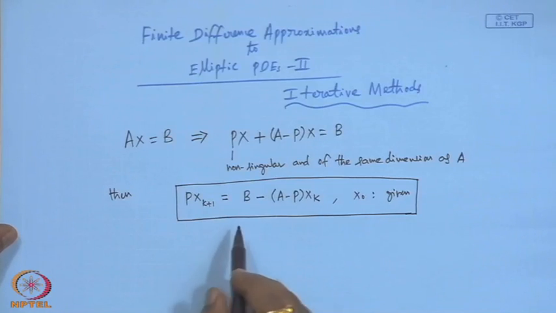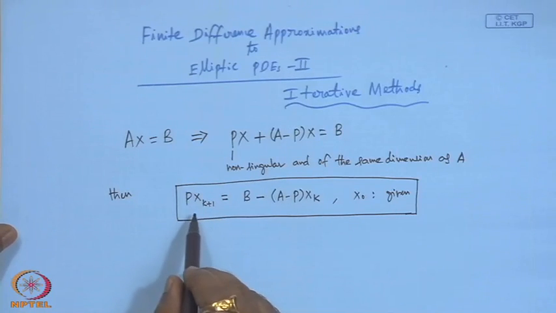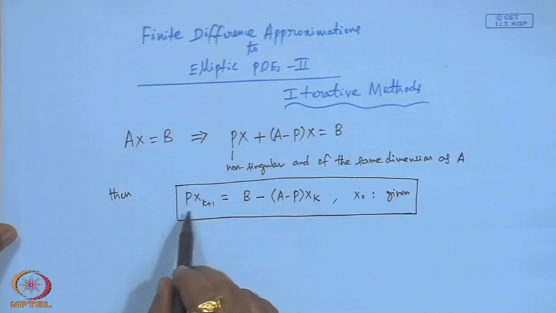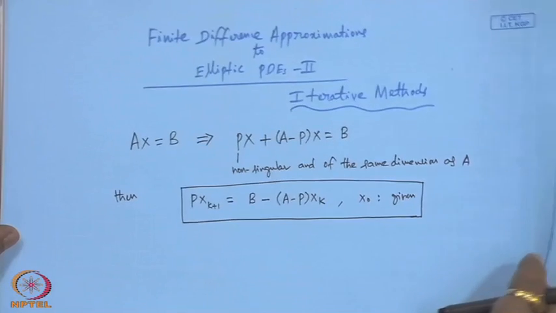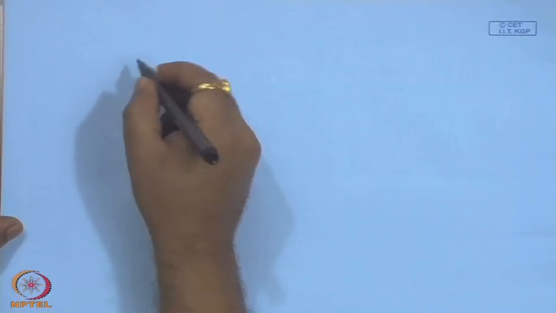However, the question is whether any kind of P would do or P should have some specific structure. So P demands the following properties.